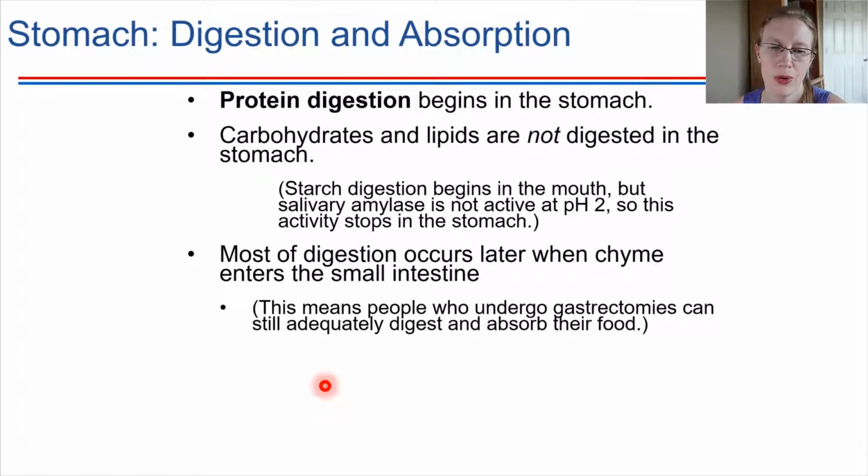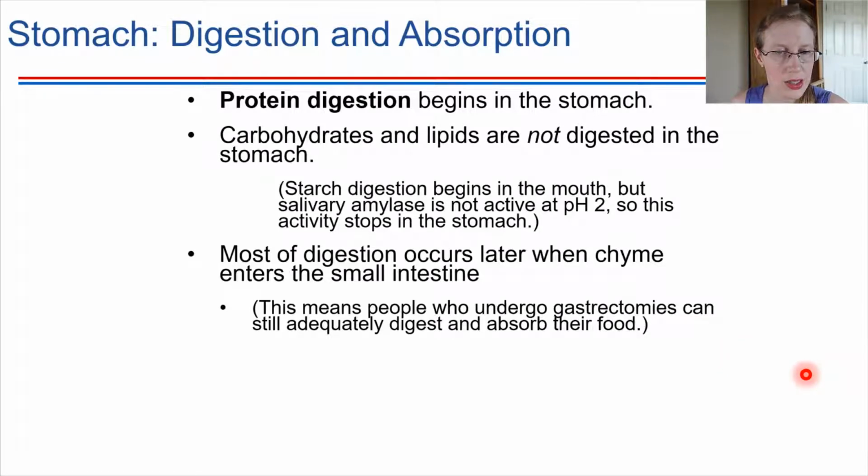This means that people who have their stomachs removed, which is called a gastrectomy, can actually still digest and absorb nutrients from food without much trouble. They of course have some modifications to their dietary needs, but digestion can still take place because the small intestine is the key place where that happens.